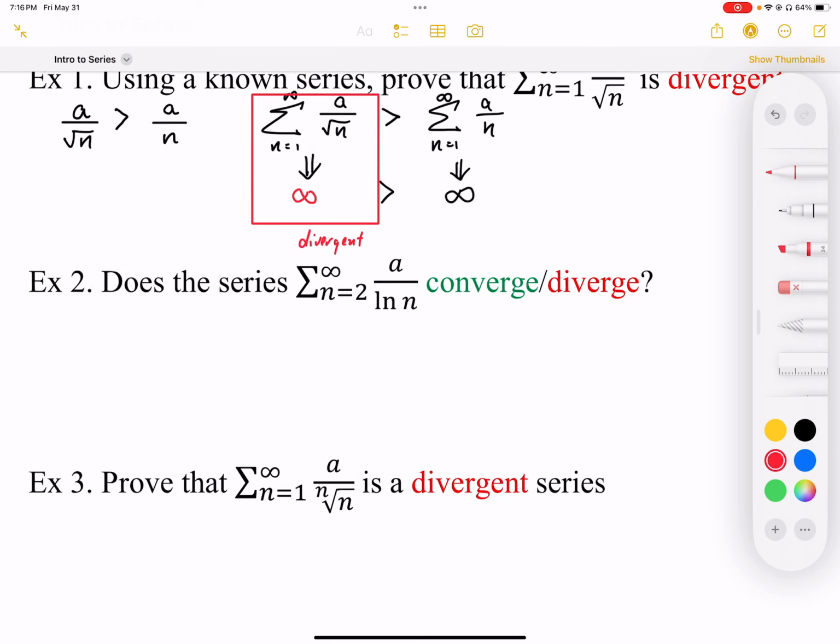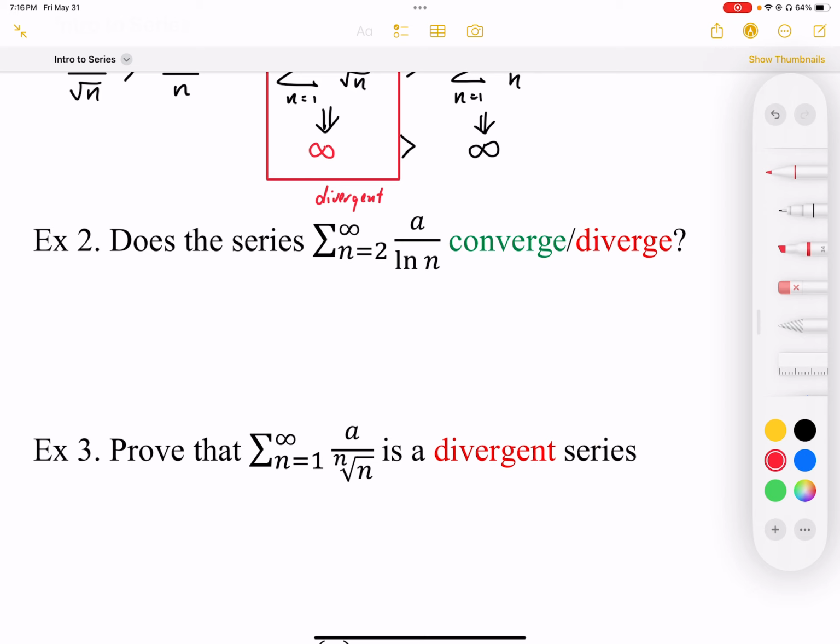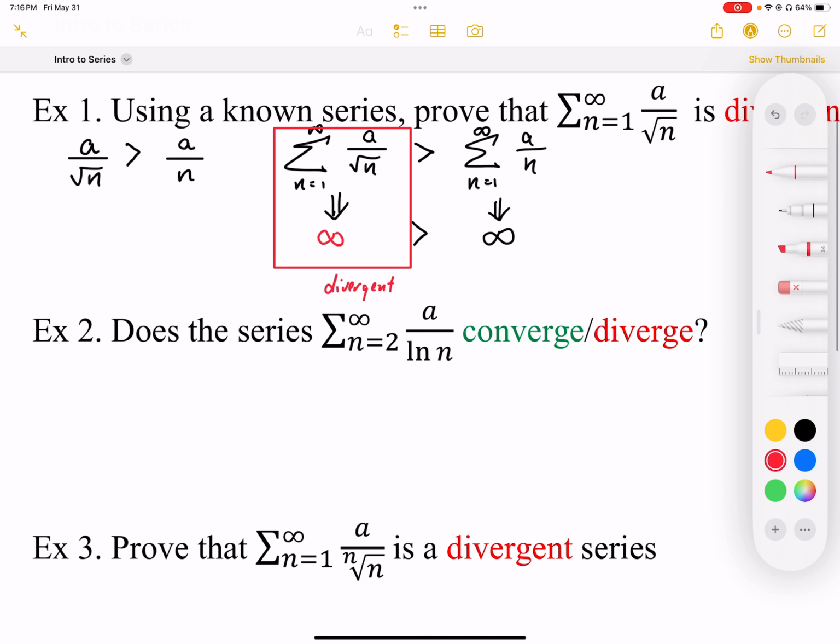So for example 2, we want to have a sense of whether this series converges or diverges. Note that we start at n equals 2 only because if we start at n equals 1, log 1 is 0, and we have a 0 in the denominator, so we don't want to do that. When we look at this, we can see that log n is a really weak function.